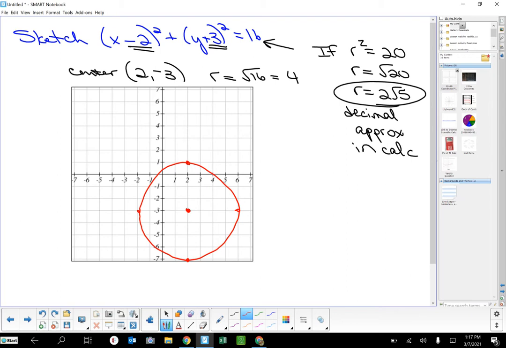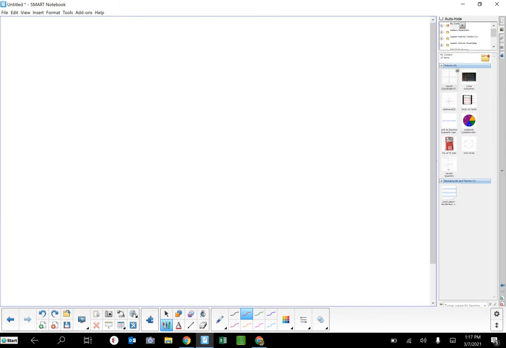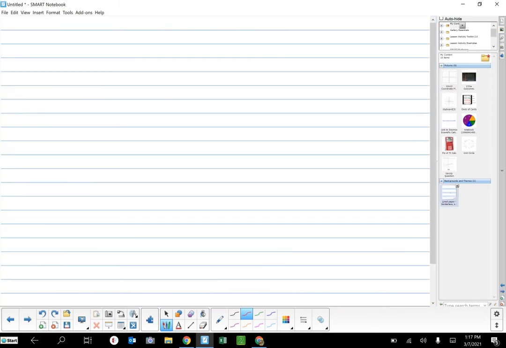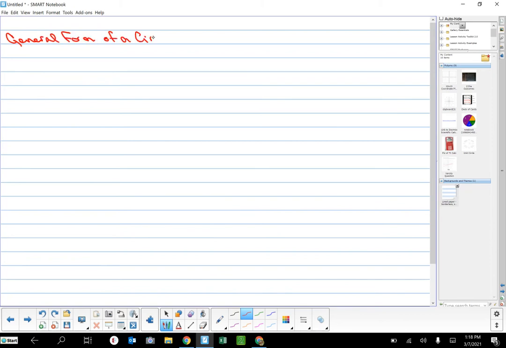They're pretty straightforward. All right, now let's introduce the general form. And I already said it's going to be ax squared plus by squared plus dx plus ey plus f equals 0. Now, there's a rule on this one where a has to equal b.